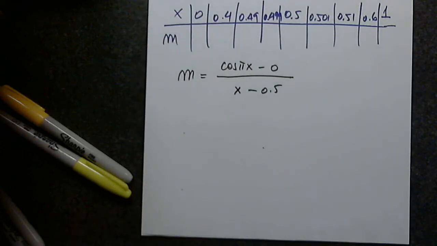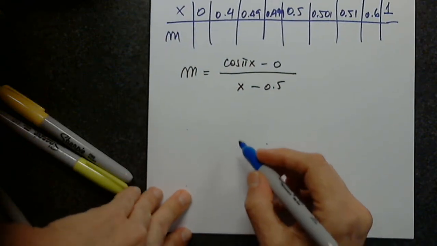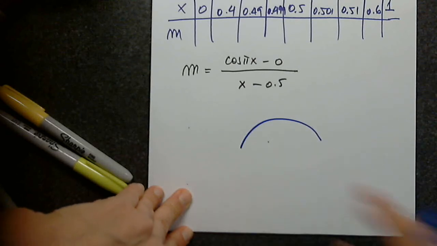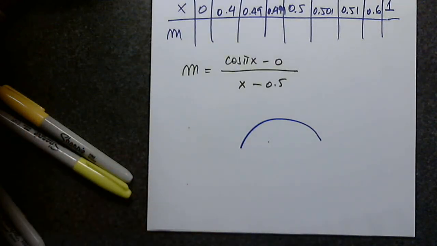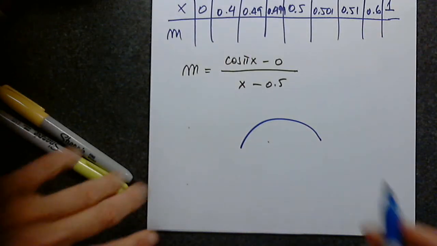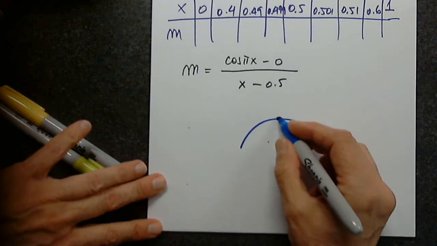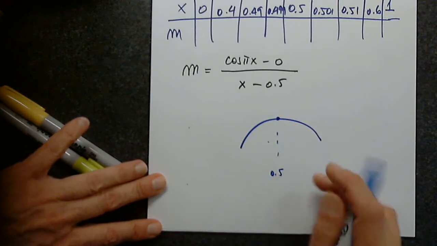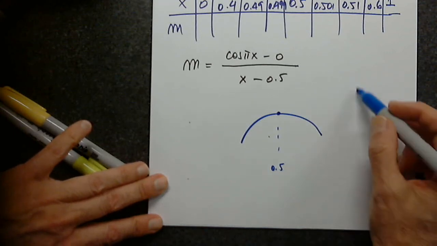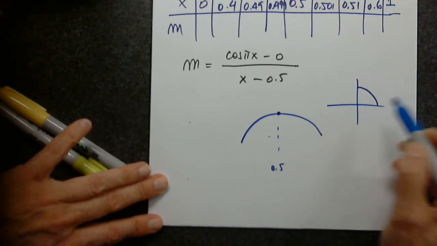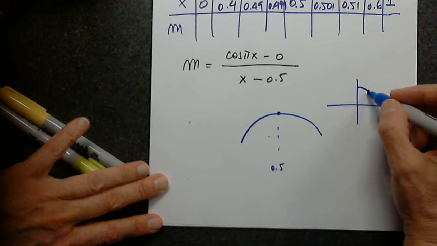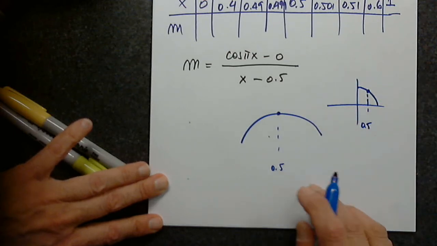Okay, so here would be a graph of cosine. And by the way, to answer your question even better, this is the graph of the slope. This is not the graph of cosine. So let's say we're talking about cosine, and this is 0.5. Actually, I should graph correctly. So this is 0.5 for cosine.